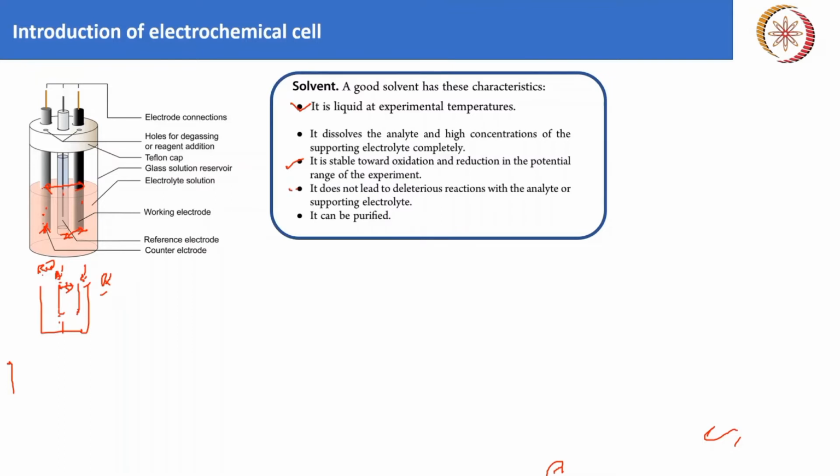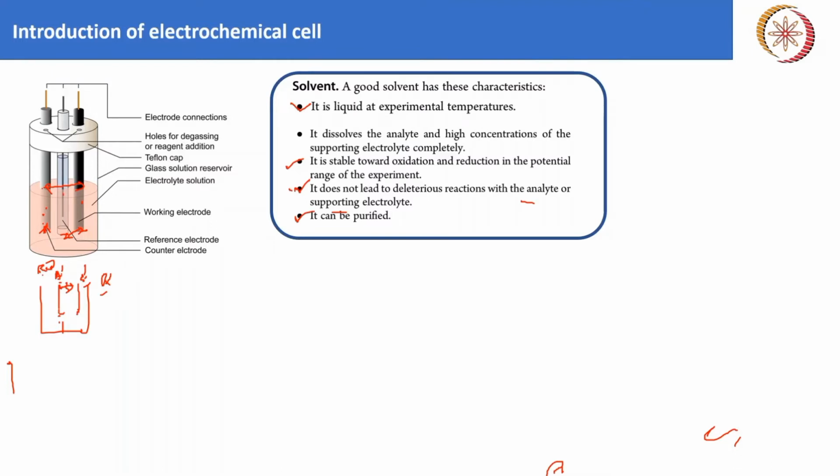Another thing is that it does not lead to deleterious reaction with the analyte or supporting electrolyte. As we have discussed, to minimize the migration current we use a supporting electrolyte. So your solvent should not react with the supporting electrolyte as well as your analyte, and it should be purified.